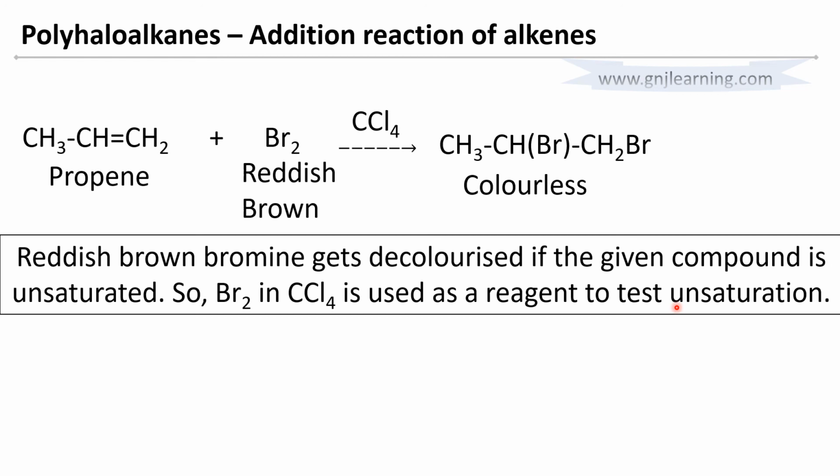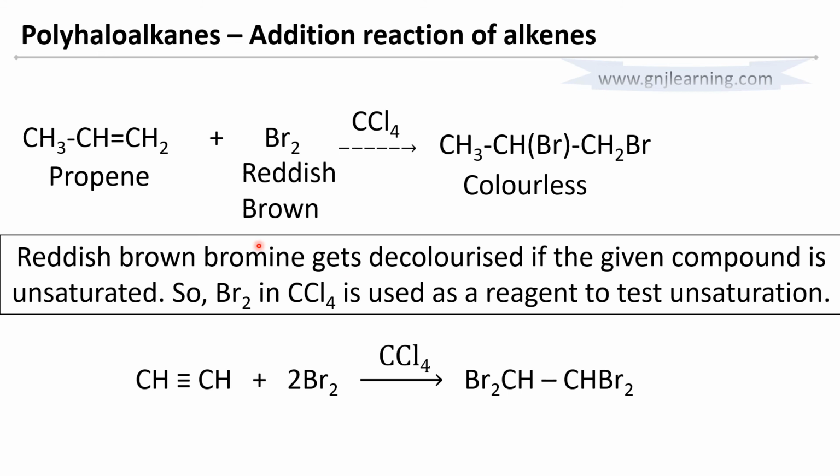So let us see what happens if it is a triple bond. Bromine will cleave both pi bonds, so one sigma bond and two pi bonds. Both these pi bonds will be cleaved, and on each carbon atom there will be two bromines. So it is vicinal as well as geminal. Geminal means if one carbon has two halo groups, then it is called geminal.